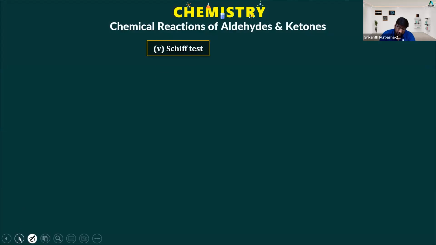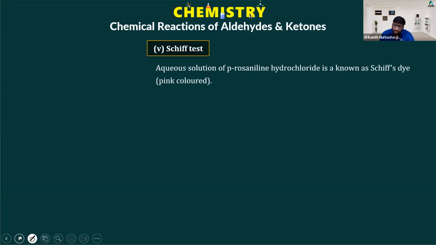Next, if you go with Schiff's test, the aqueous solution of para-rosaniline hydrochloride is known as Schiff's dye, which is actually pink colored. This Schiff's reagent is Schiff's dye plus SO2. Understand this point carefully. Para-rosaniline hydrochloride is nothing but your Schiff's dye, and the mechanism is not required here.